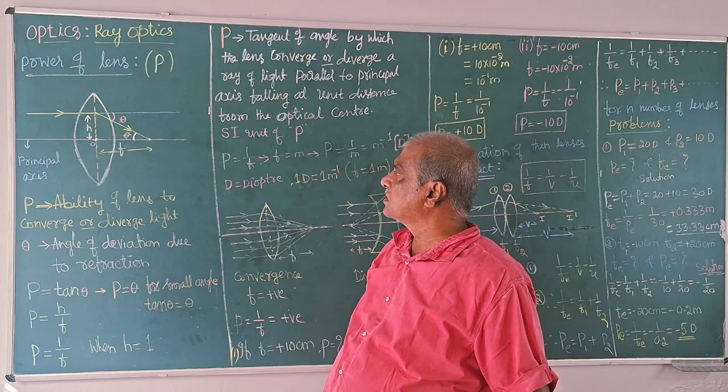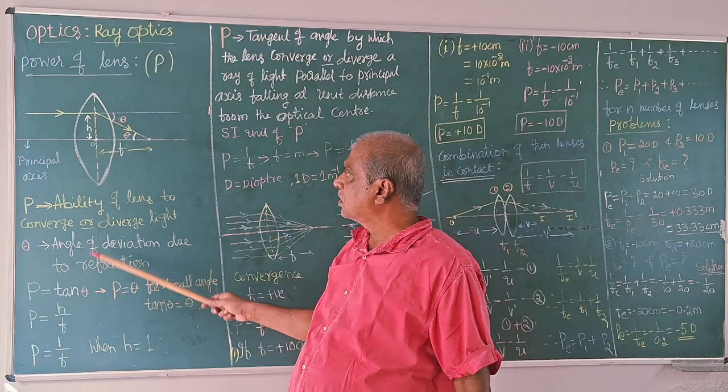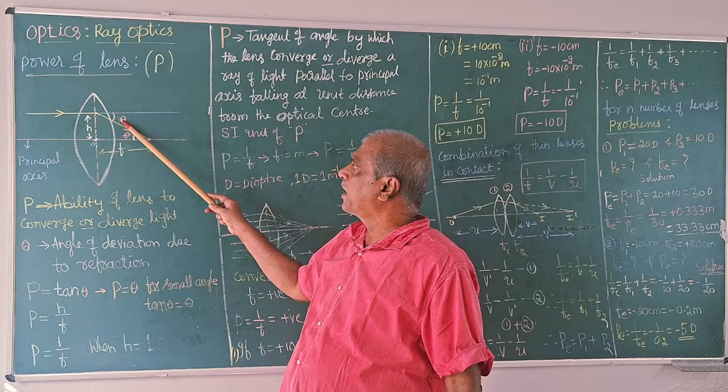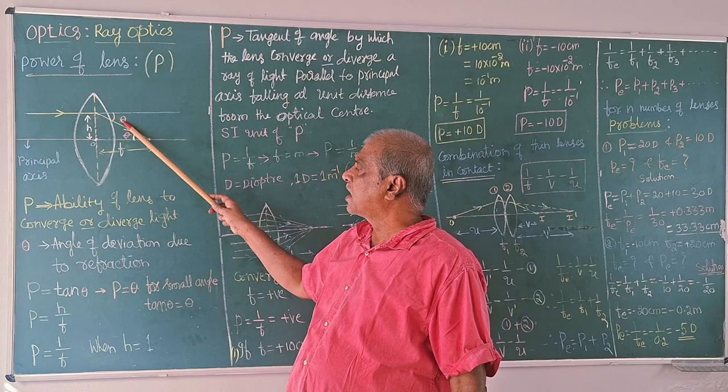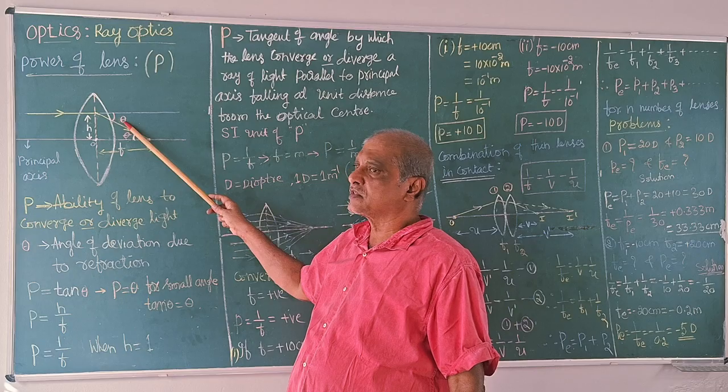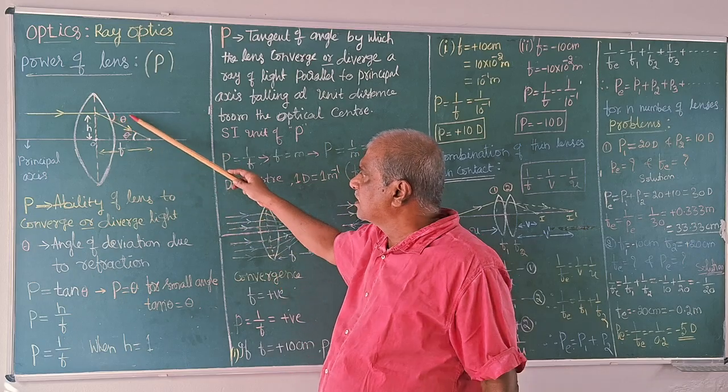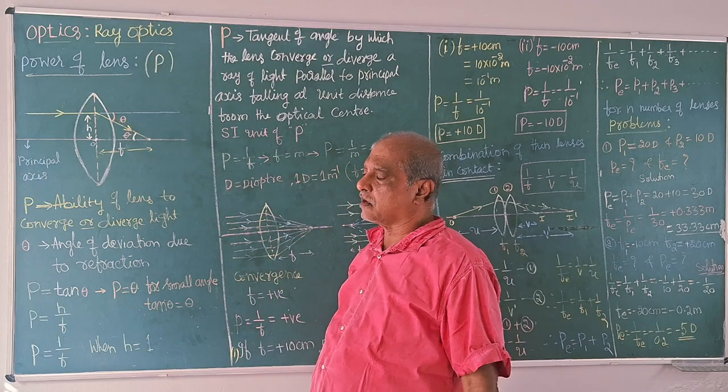The power of lens is the tangent of the angle. What is the angle? Is the angle of convergence or divergence. Convergence for this and divergence for the concave lens.